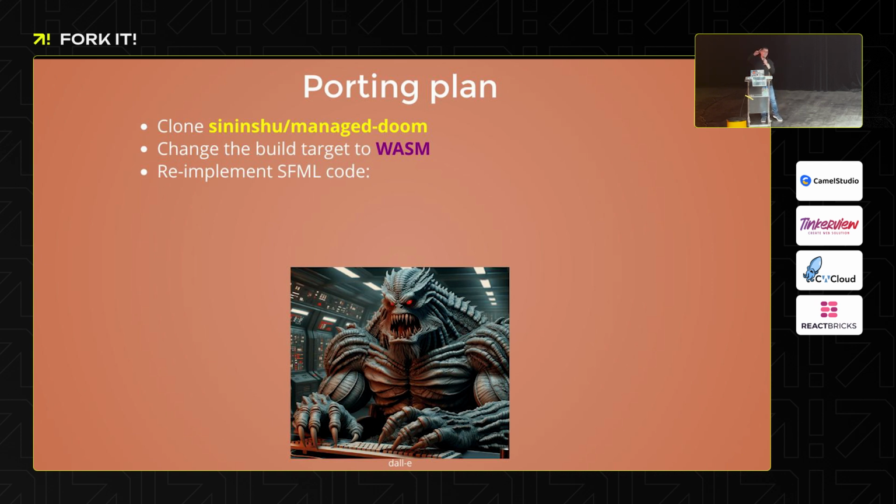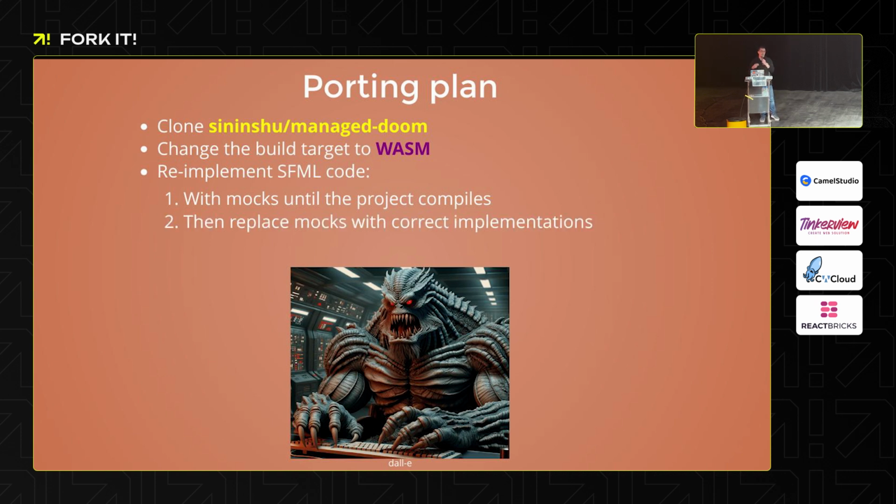And there are 2 major things to do. The first one is to re-implement the SFML code. I started by writing mocks, meaning that I just reproduced the function signatures, the class signatures, without writing any implementation. And then, once it compiles, by doing some guesswork, some reverse engineering, implement the corresponding functions.